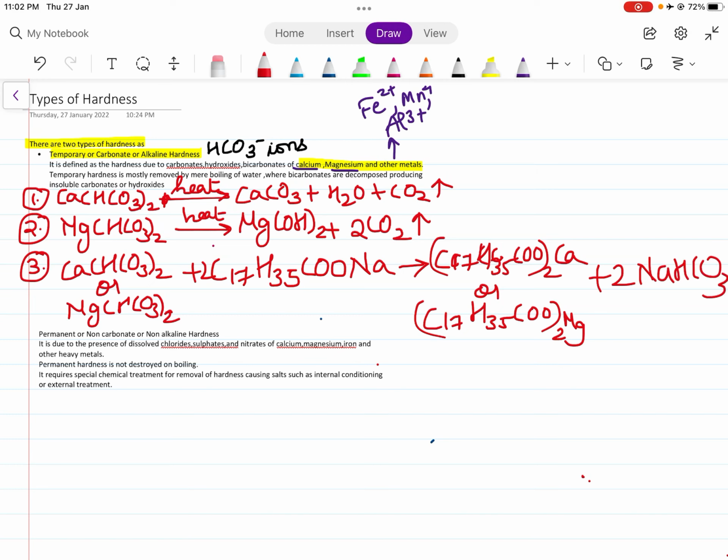So these are the three very important reactions. Calcium bicarbonate will give calcium carbonate and magnesium bicarbonate will give magnesium hydroxide.